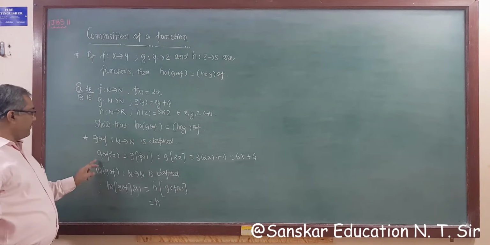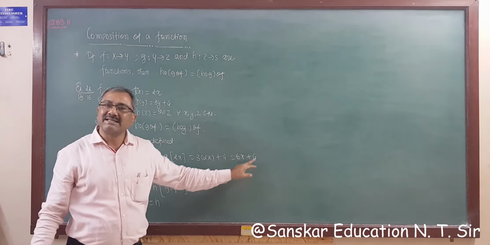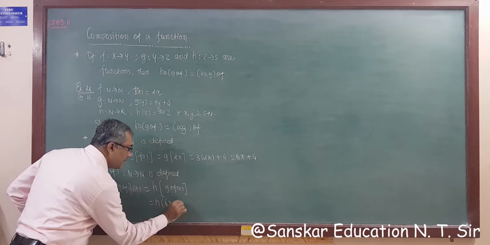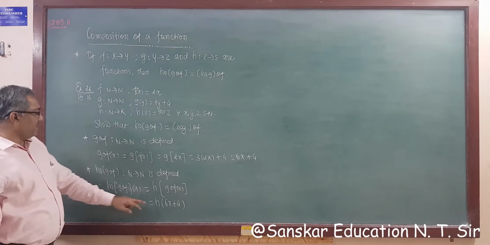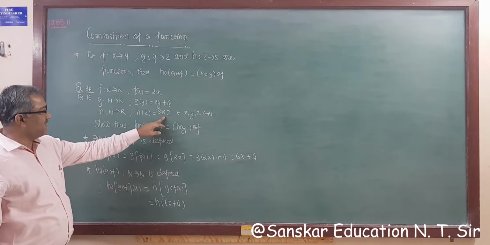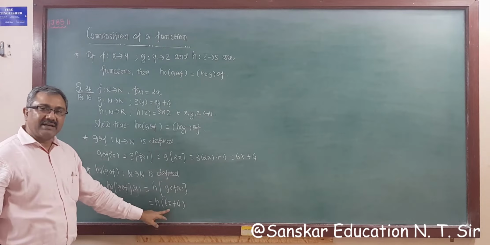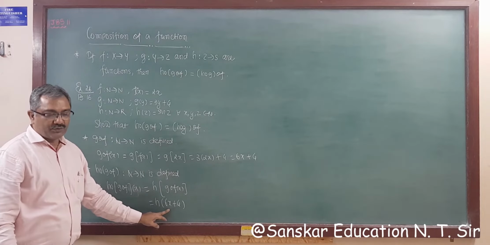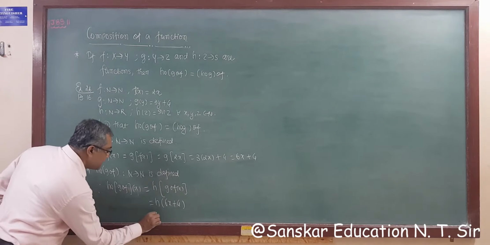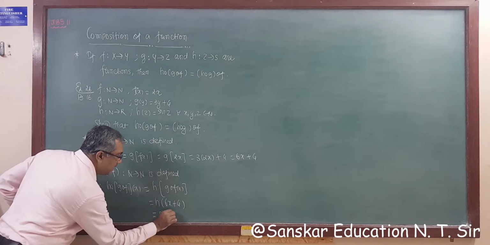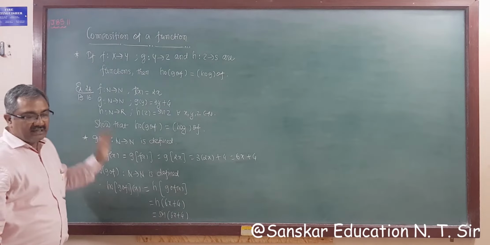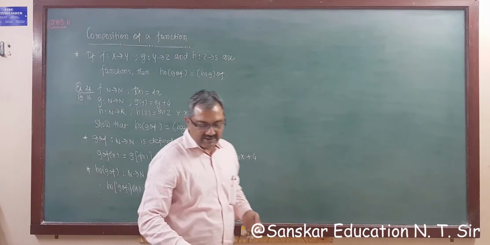Now g over f of x is defined as 6x plus 4, so I am substituting 6x plus 4, and h is defined as sine. What is in the bracket? 6x plus 4. So what is our answer? Sine of 6x plus 4. So the answer will be sine of 6x plus 4.